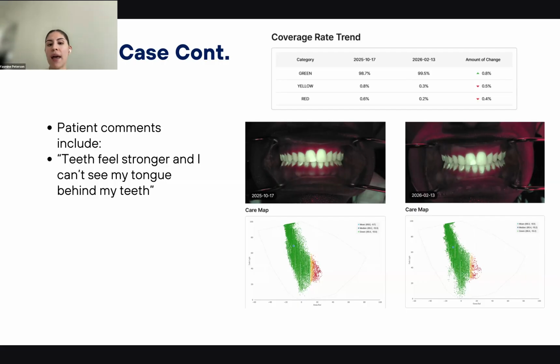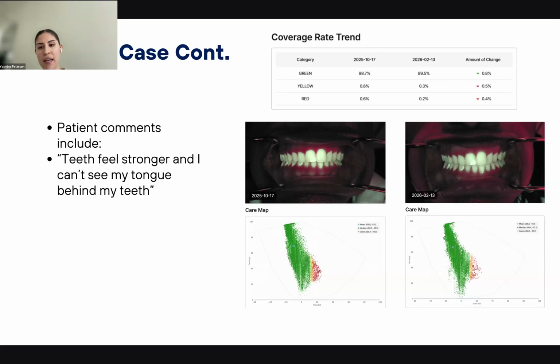And then the red and the yellow means that the quality of the enamel is a lot less, so more demineralized areas. If you look at those numbers on the top, from October of 2025 to February of 2026, there's been a 0.8% increase in the green, so higher quality enamel, more remineralization.